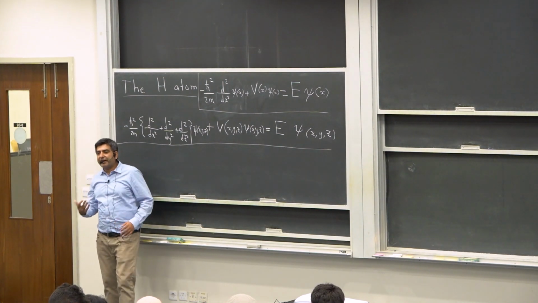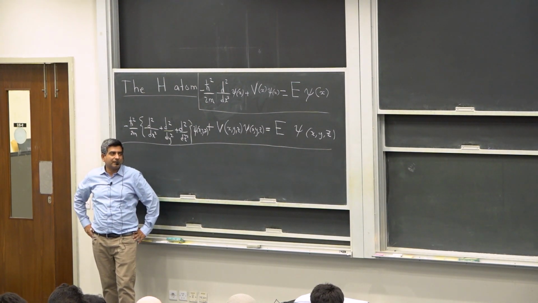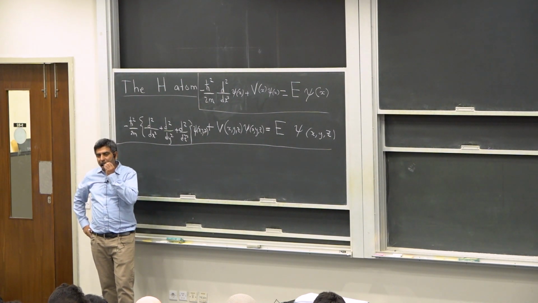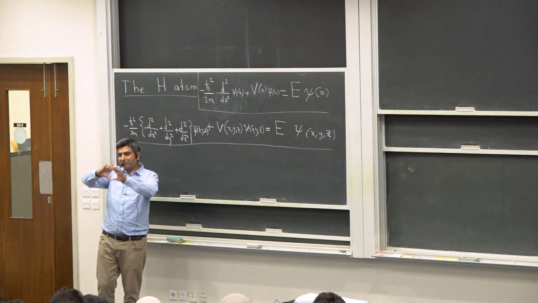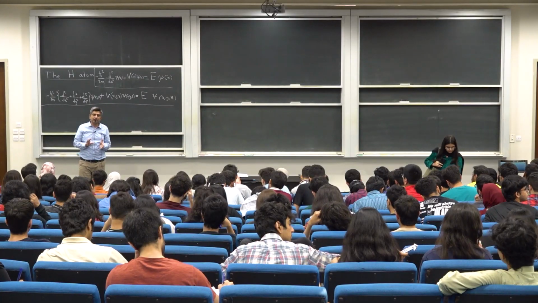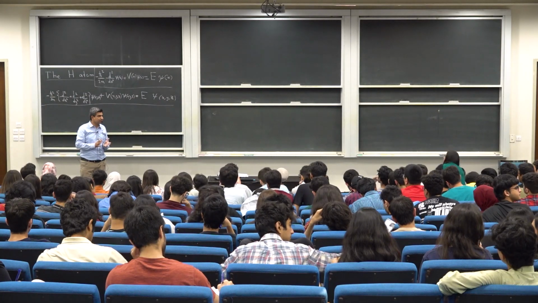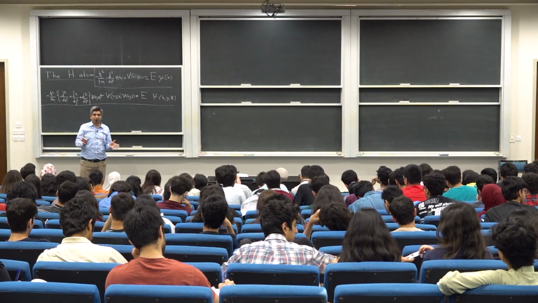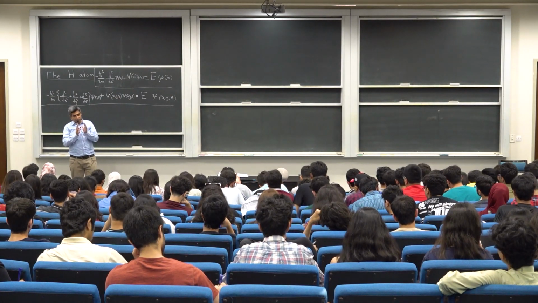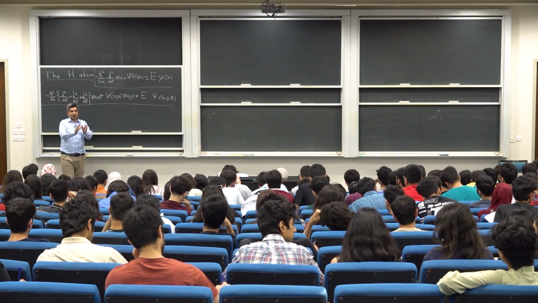But let's look at the hydrogen atom. In the hydrogen atom, we have an electron around a nucleus. And what is the nucleus in the hydrogen atom? It's just a proton. That's it. It doesn't have a neutron. So the most abundant hydrogen isotope is just a proton.